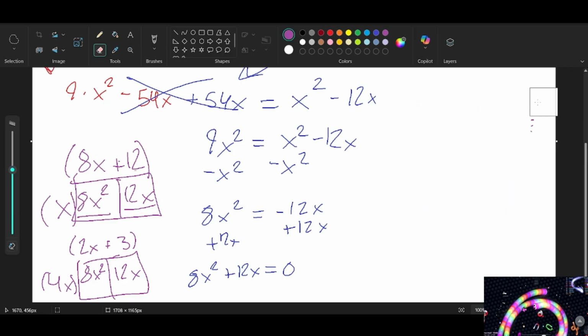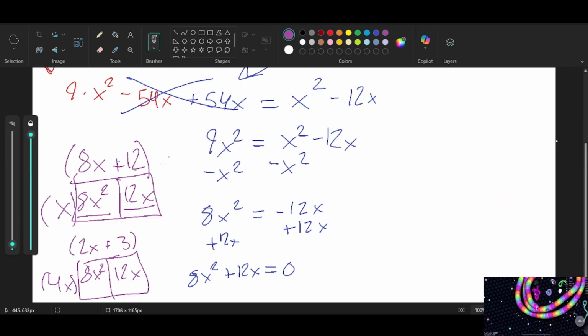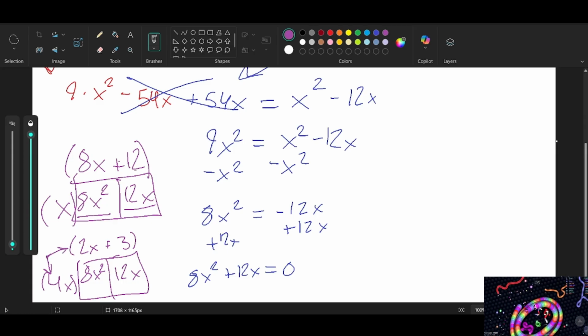It just works out that way for this problem, but if you can, try to pull out as much as you can from both terms, right? This 4x times 2x plus 3 is the most simplified you could have as an answer, or as a factor.